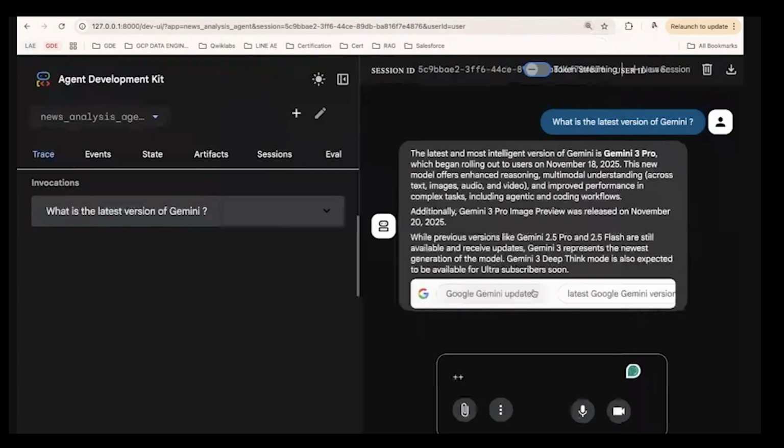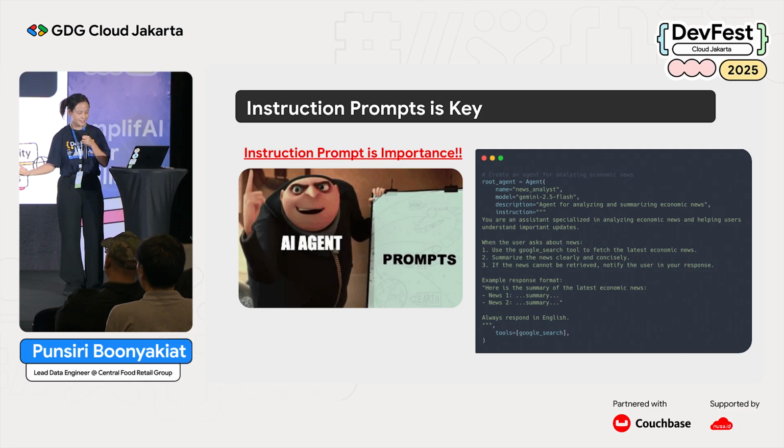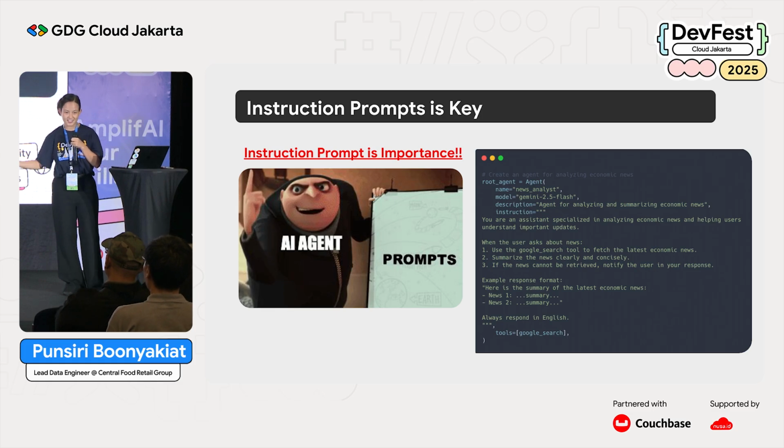It now answers correctly: Gemini 3 Pro, just announced and released on 20 November. This is the power of tools. Without tools, an agent is like a person with intelligence but not updated knowledge. So prompts are important. Tools are also important.